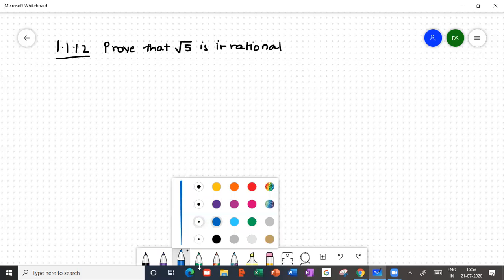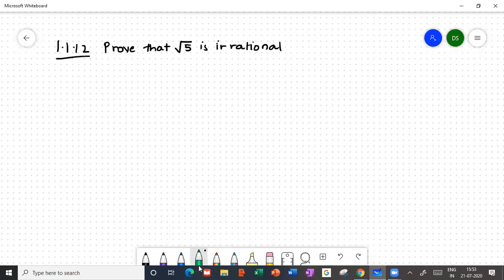Okay, Shankadeep, can you tell me how you do this sum? Shankadeep, are you there? You can just unmute yourself and tell me the step.